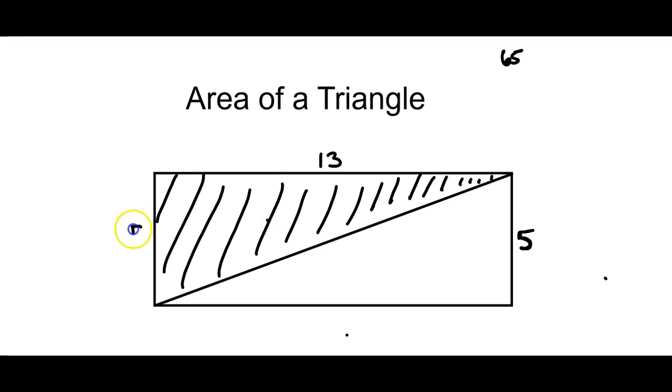So if I gave you a triangle with a right angle right here, with a base of 5 and a height of 13, you could act like it's a rectangle of 5 by 13 and then simply cut your answer in half. So half of 65 is going to give us the area of the shaded triangle. That's going to be 32.5, whatever the units are squared.